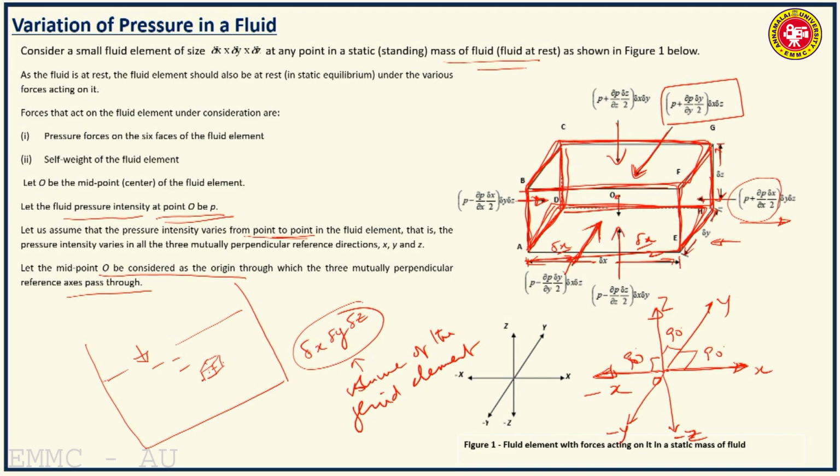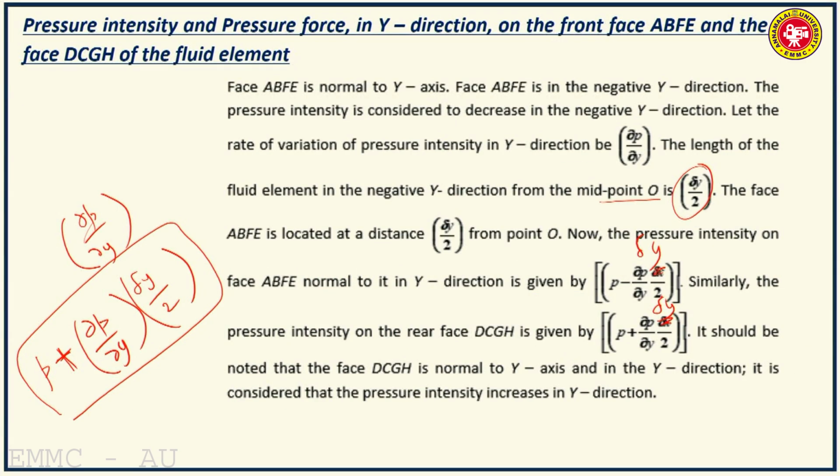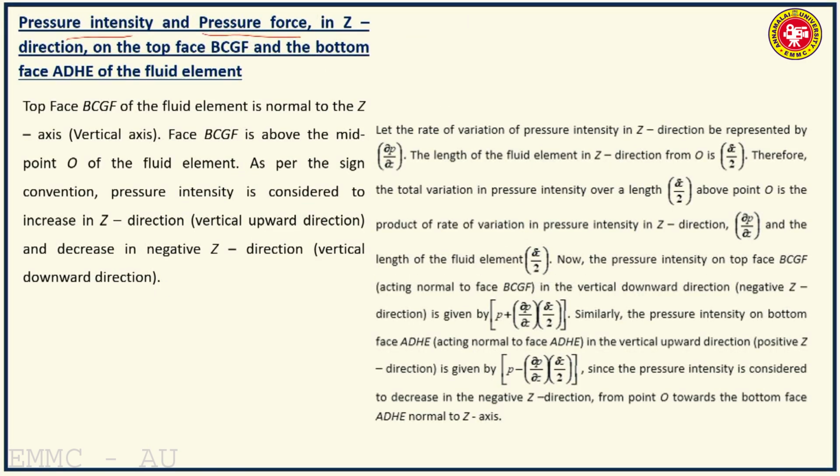So these two can be derived on similar discussions. The pressure intensity at the midpoint is P. It is decreasing in the negative Z direction, it is increasing in the positive Z direction, that is above O, and below O it is decreasing. So the variation in pressure intensity in the Z direction is given as dou P by dou Z. When you have to find the pressure intensity at the bottom face, the distance you have to consider is delta Z by 2.